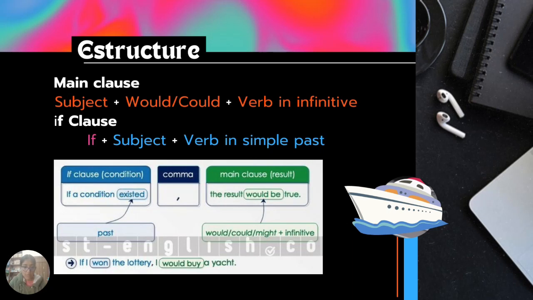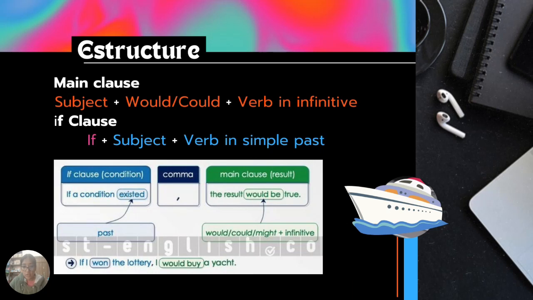We have an example. If a condition existed, the result would be true. If clause, this is the condition: if a condition existed, plus comma, plus the main clause, this is the result: the result would be true.